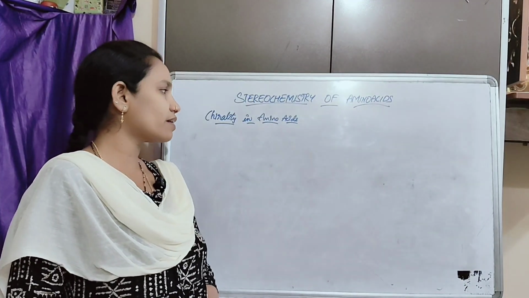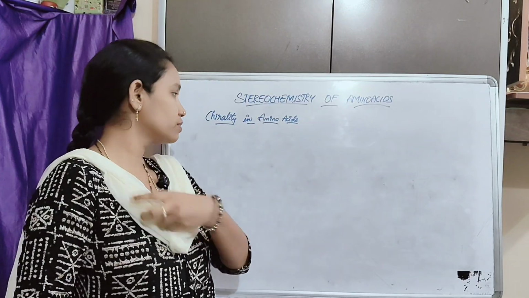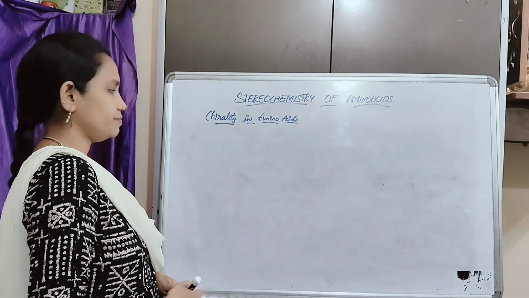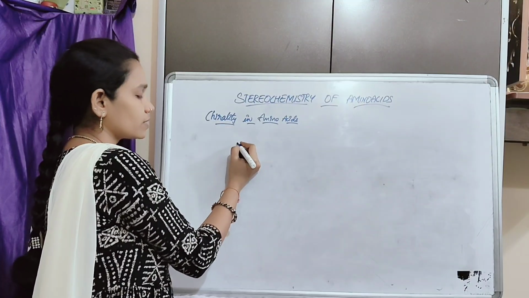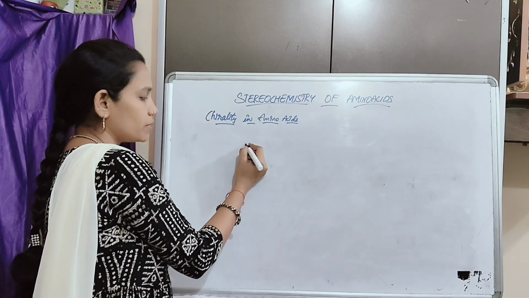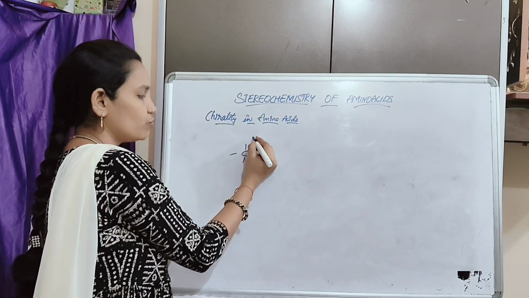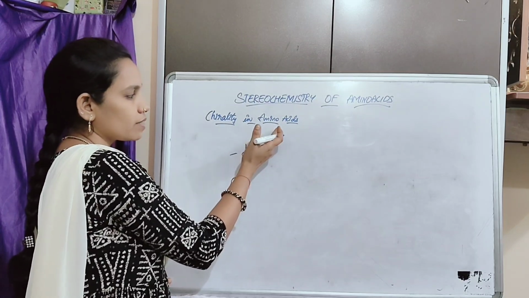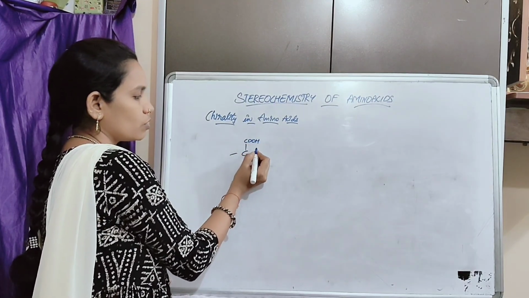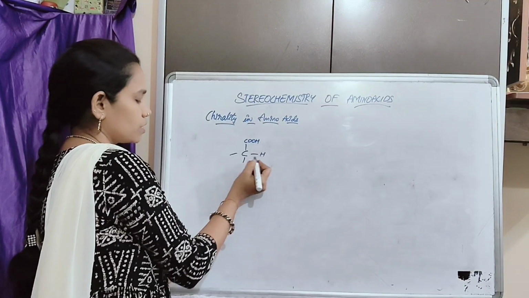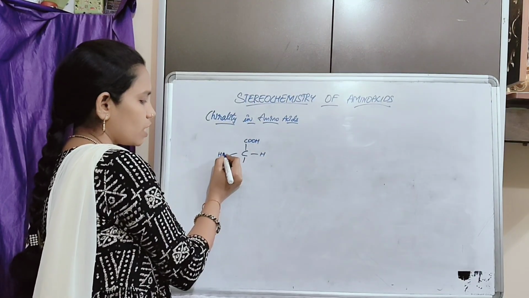So next topic is chirality in amino acids, right? So here we have already discussed about this chirality, right? What is actually a chiral carbon? A carbon when it is bonded to 4 different groups, right? Now if you take an example of an amino acid, so here carboxyl group, hydrogen atom, amino group.